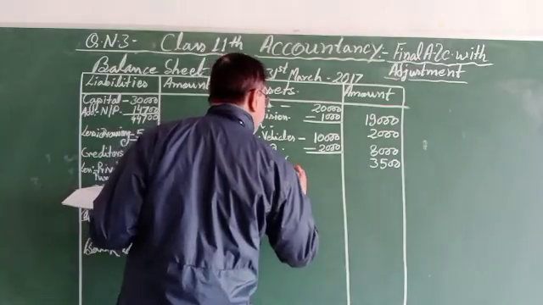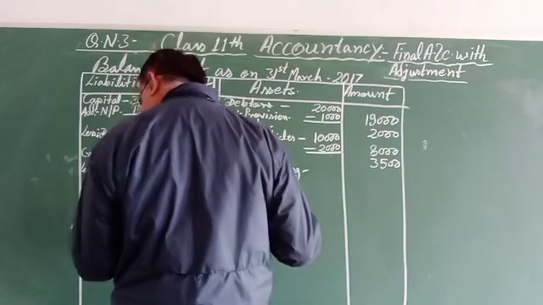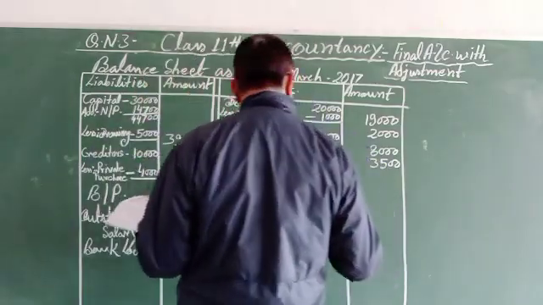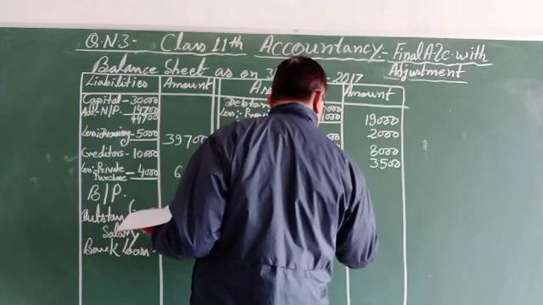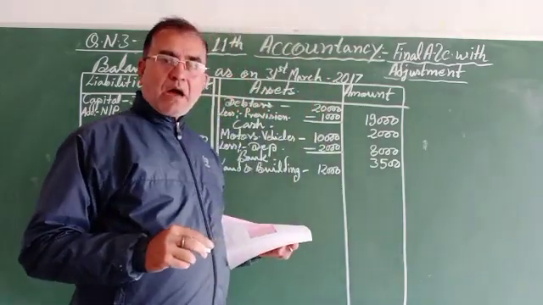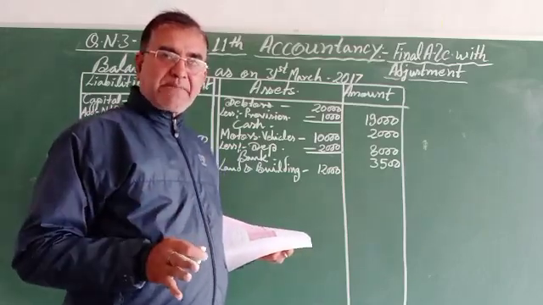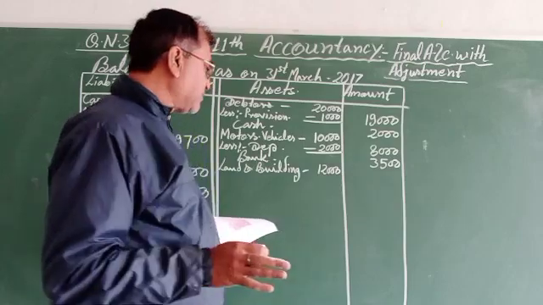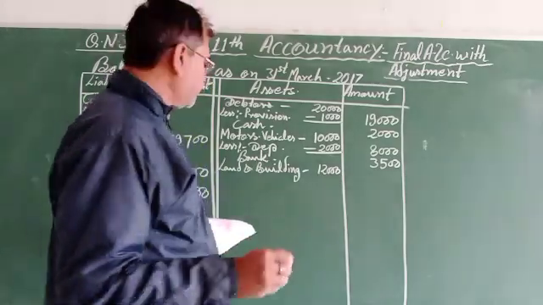Land and building, that is given 12,000, and 2 and a half percent. It has been depreciated, so the amount will be 300.